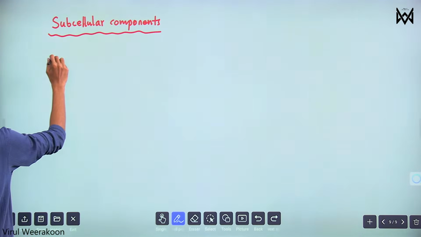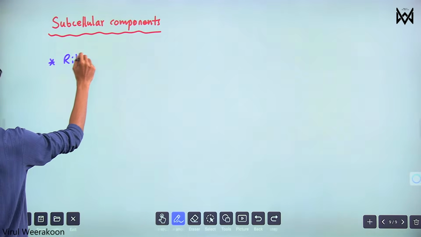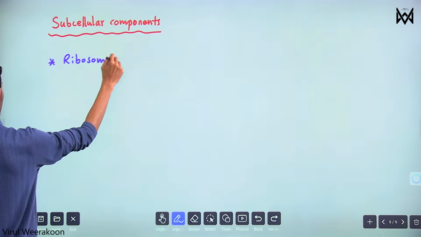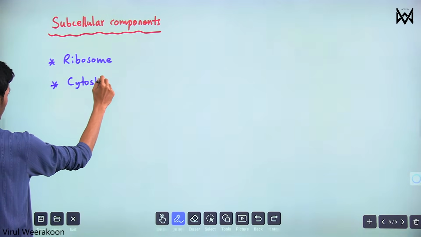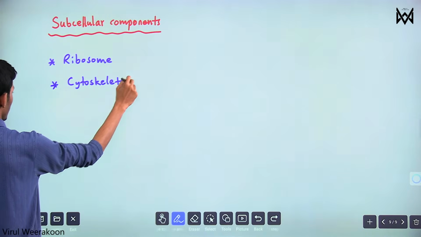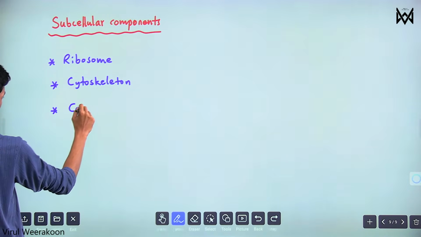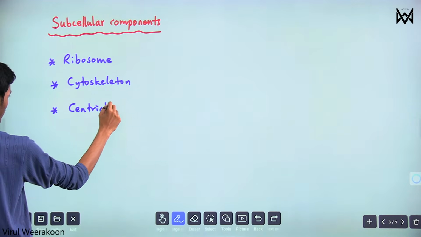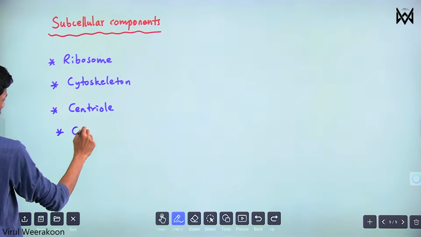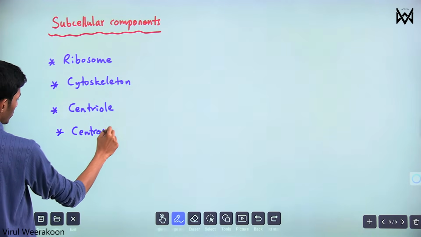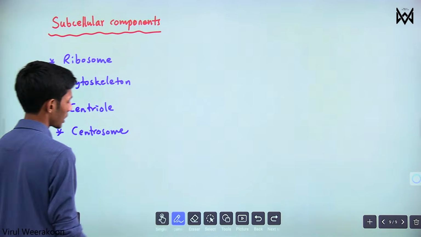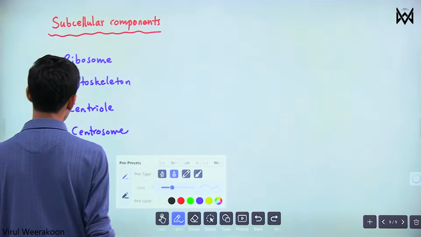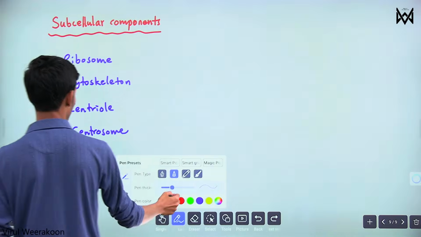First of all, the ribosome. Then cytoskeleton, then centriole, then centrosome. These are the examples for subcellular components actually.